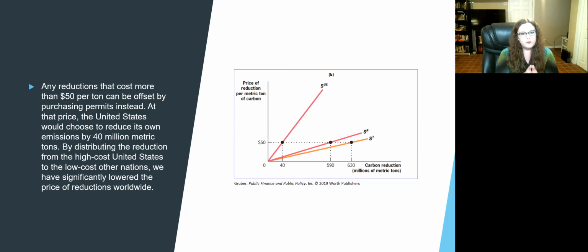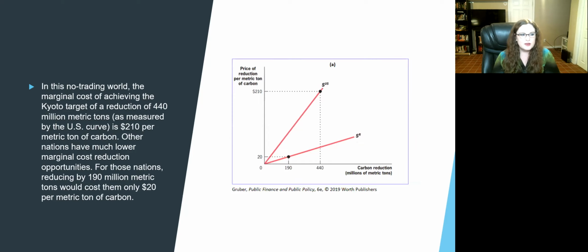And by distributing that reduction from our high-cost United States area to other low-cost nations, by instead having those payments so that they could reduce in exchange for our higher-cost emissions, we ended up significantly lowering the price of reductions worldwide by international cooperation in a way that's way cheaper. Look, $50 is way cheaper than the $210 that it would cost per metric ton of carbon reduction. And that's just by having a simple agreement where you can work out some sort of trade and balance system, right?